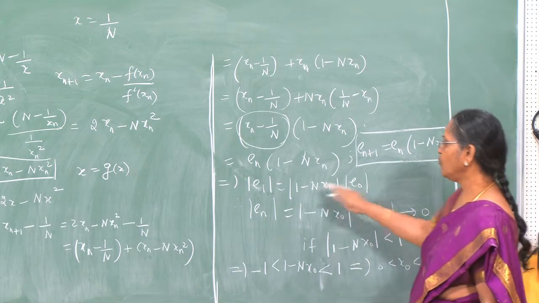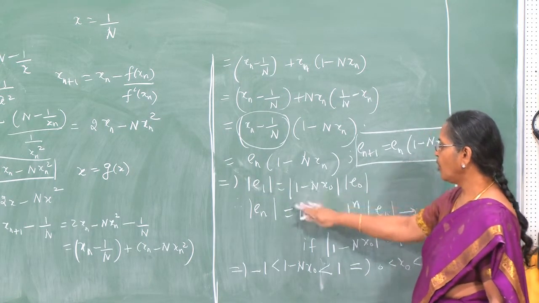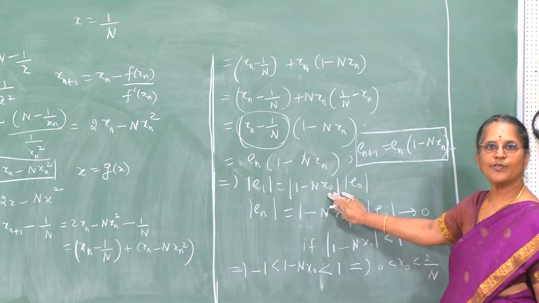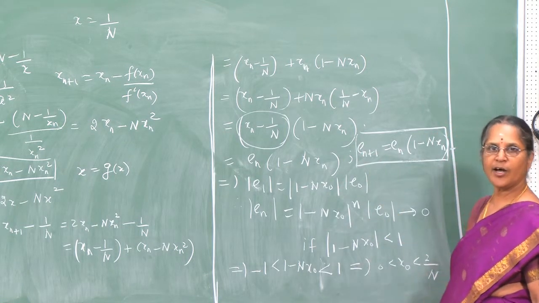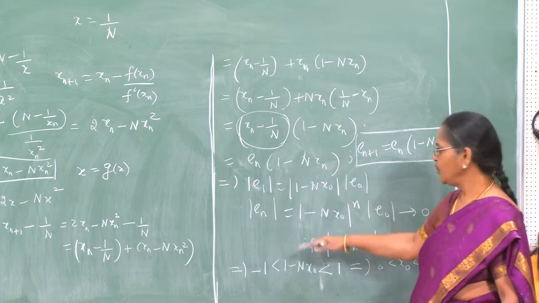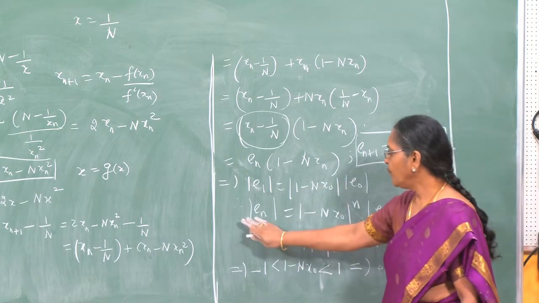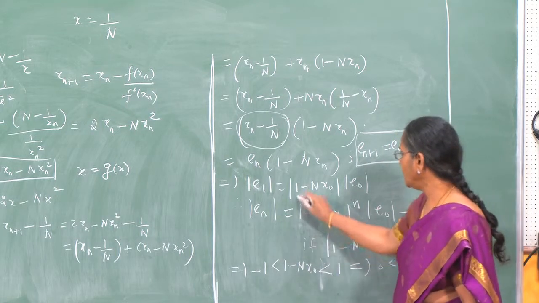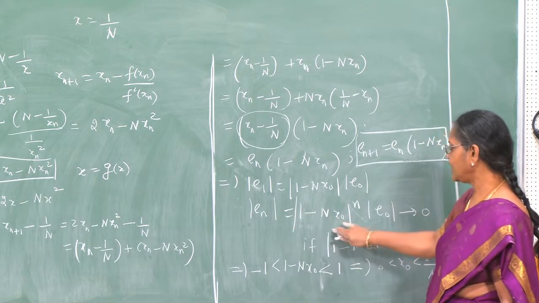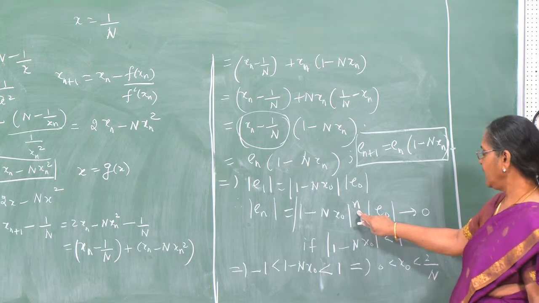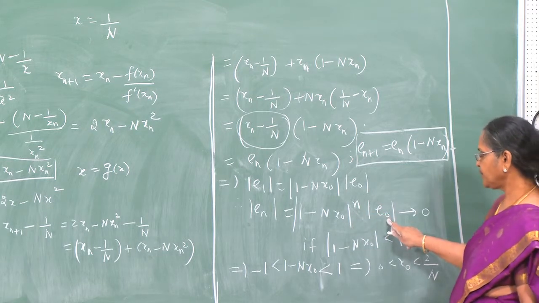So, we can write mod E2 to be mod 1 minus n x naught the whole square into mod E naught. We continue to apply this inductively, and finally, we get mod En to be modulus of 1 minus n x naught to the power of n into mod E naught.